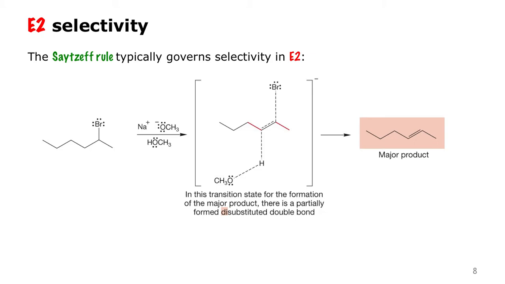So remember, our alpha position is where the leaving group is located, but the hydrogens would be beta to that. And so the hydrogens that can react under these conditions would lie on this methylene group and on this methyl group.